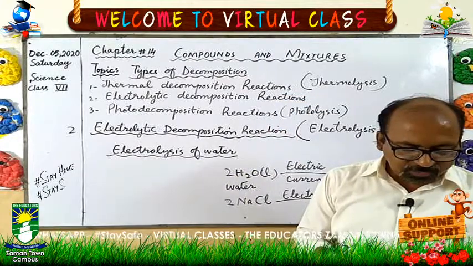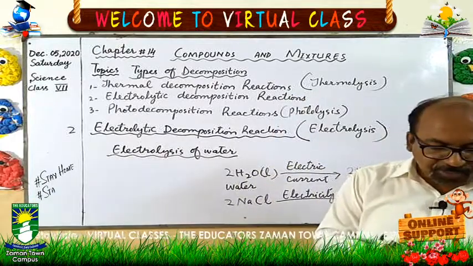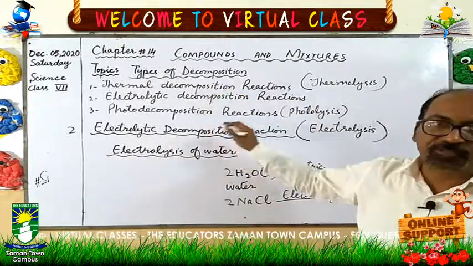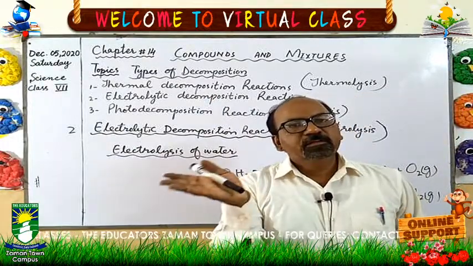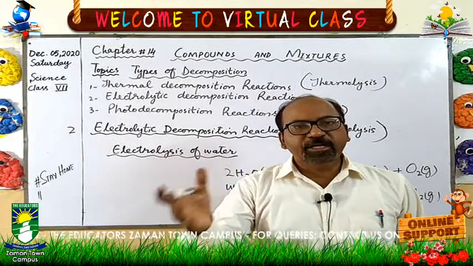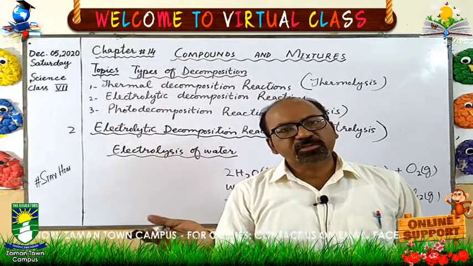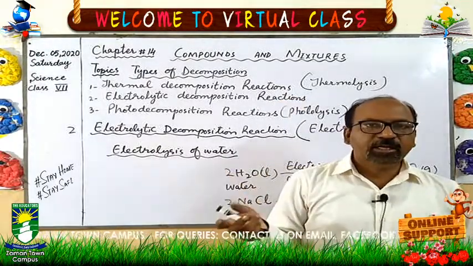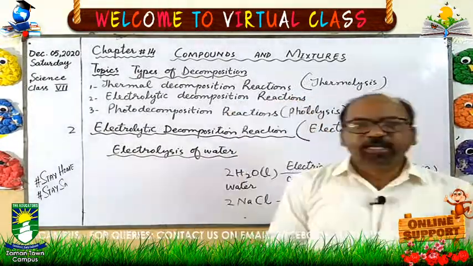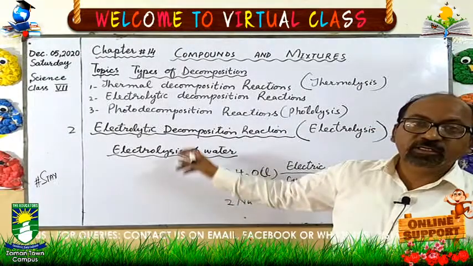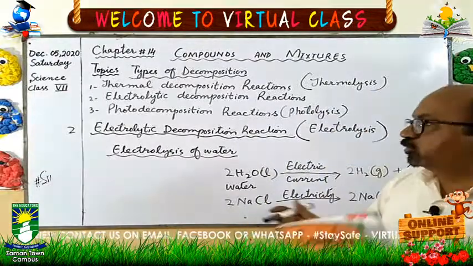So energy change takes place during chemical reactions. These are three types of chemical reaction. When any chemical reaction takes place, what happens? Sometimes in a few reactions energy is evolved, meaning energy is given out, and in a few reactions energy is taken up from the environment. So these are two kinds of changes which take place.